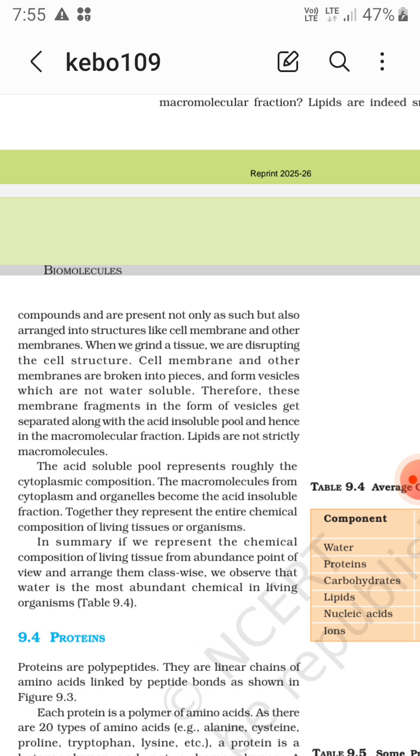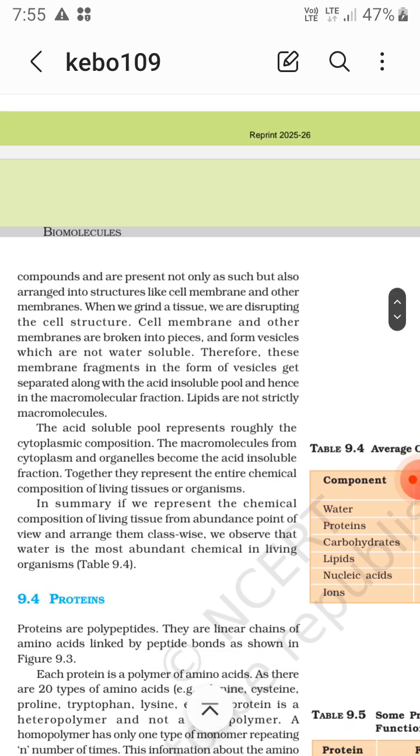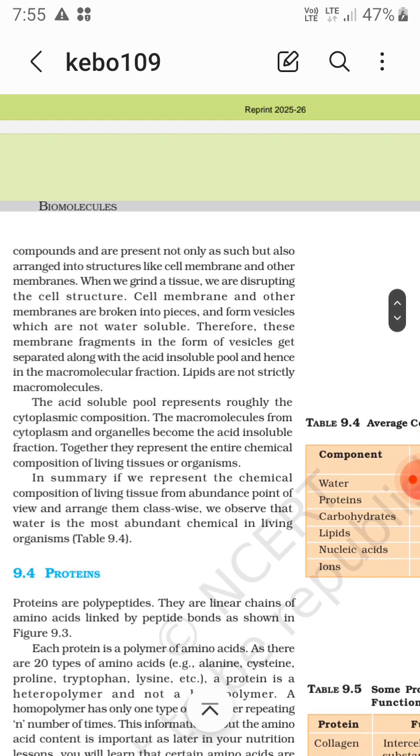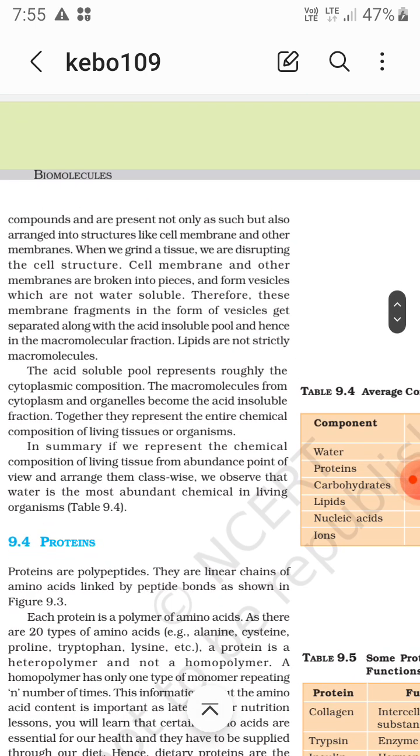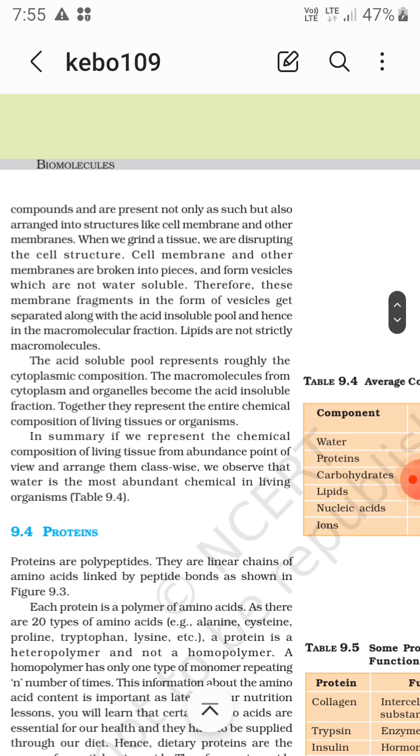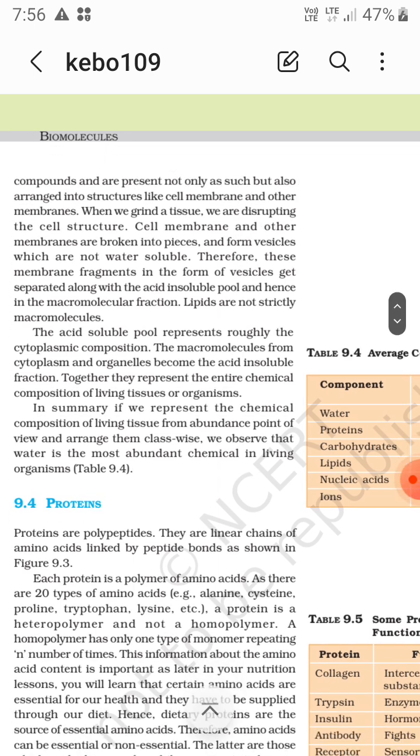When we grind a tissue, we are disrupting the cell structure. The cell membrane and other membranes are broken into pieces and they form vesicles, which are not water soluble. Therefore these membrane fragments in the form of vesicles get separated along with the acid insoluble pool, and hence in the macromolecule fraction. So lipids are not strictly macromolecules. Remember this line, that lipids are not strictly macromolecules.